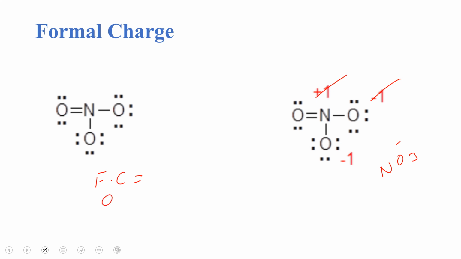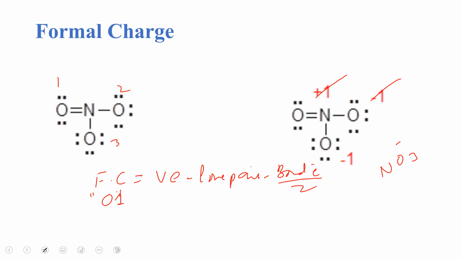So firstly, we are doing this calculation with oxygen number 1. So the formal charge is the valence electrons minus lone pairs, minus bonded electrons divided by 2, right?